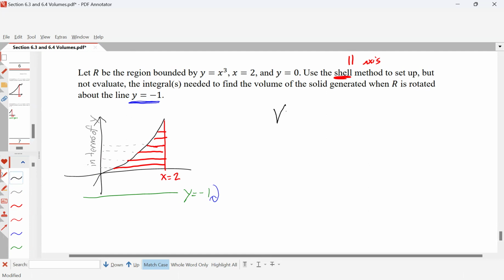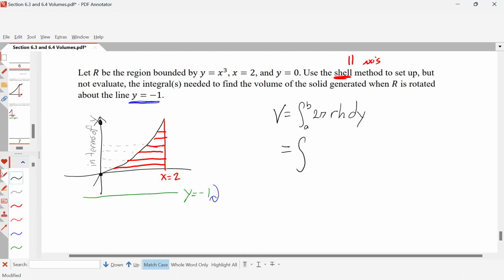So our integral is going to be some volume that is a to b 2 pi. We need to figure out a radius and a height in terms of y. So first things first, figuring out the bounds a to b. When we're in terms of x, we ask where the region is in terms of x.